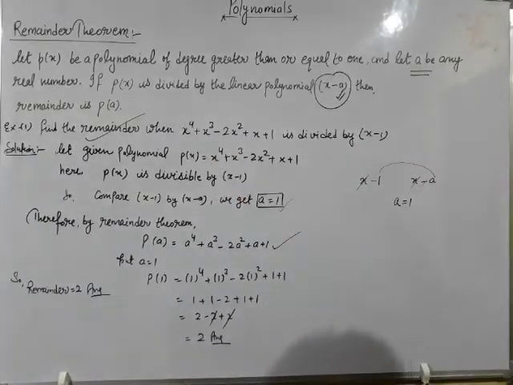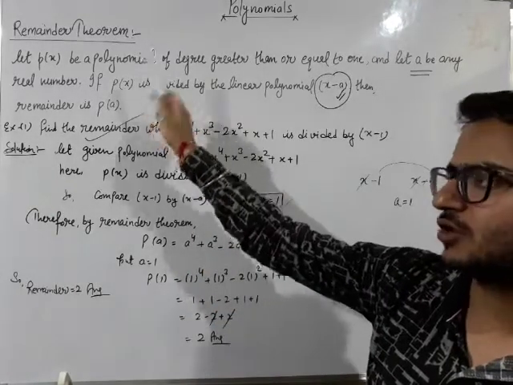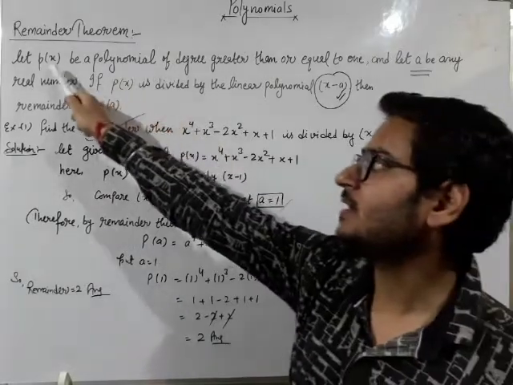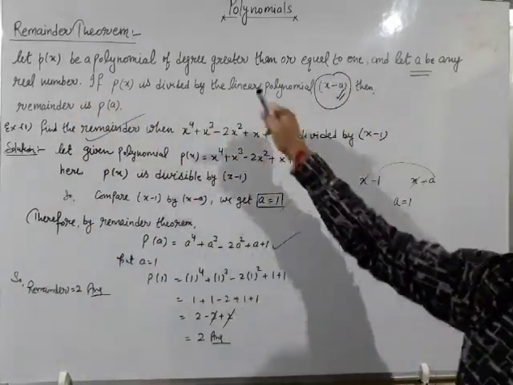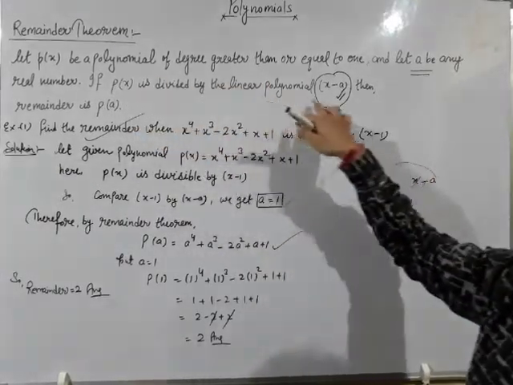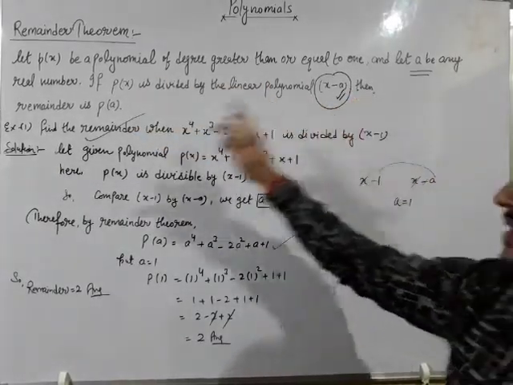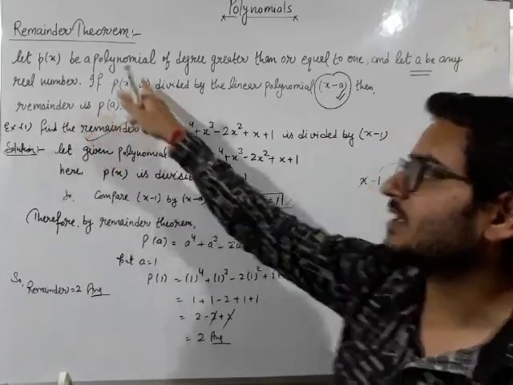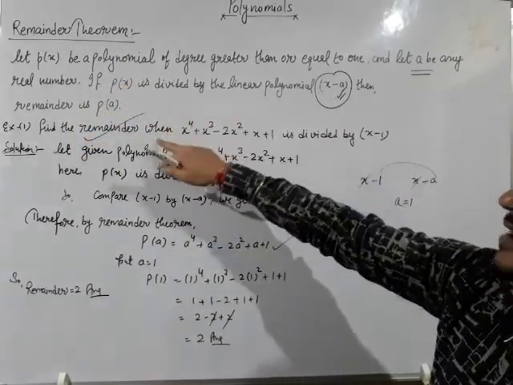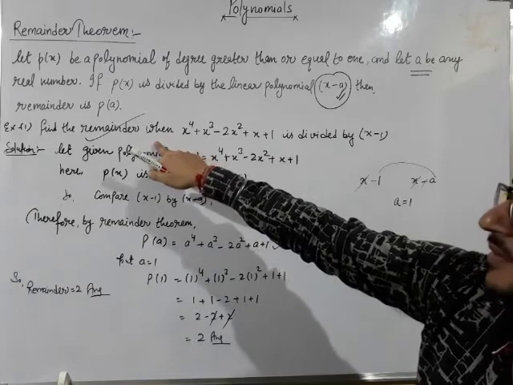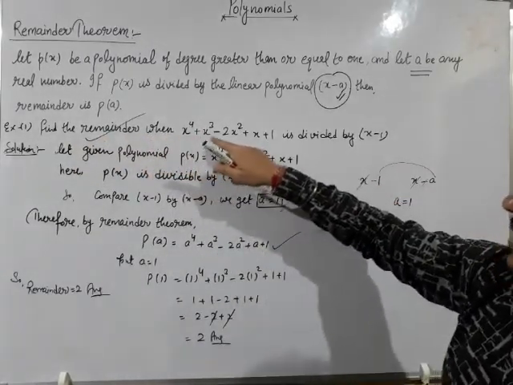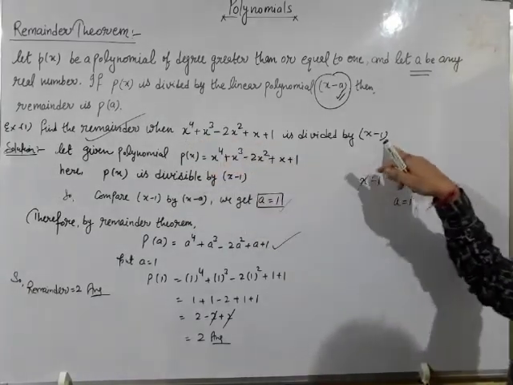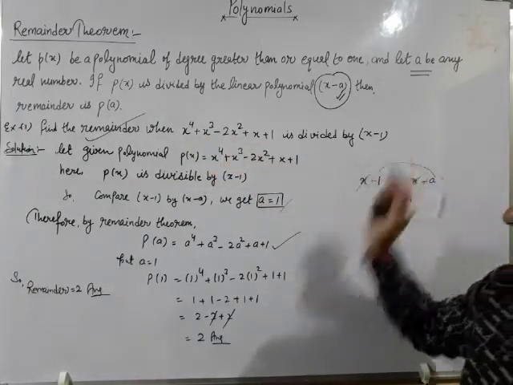Now just revise the given question and the remainder theorem. The given polynomial we will take as P(x), and a will be any real number. If P(x) is divided by the linear polynomial x minus a, then remainder will be P(a). Remainder theorem will help us to find remainder in our exercise. In the example we have to find the remainder where P(x) is this and it is divided by x minus 1.